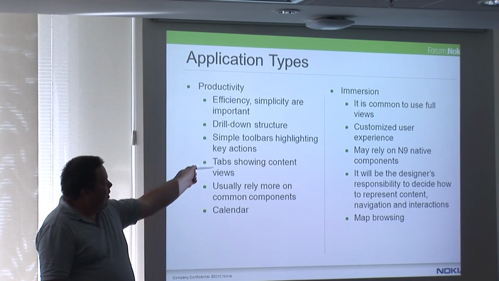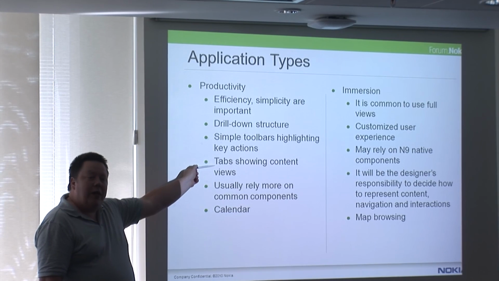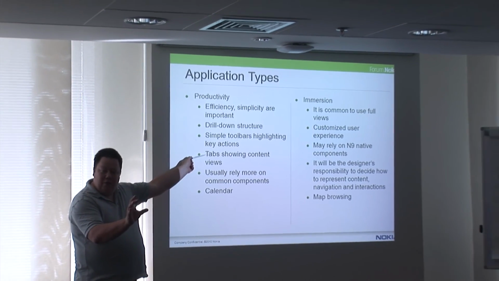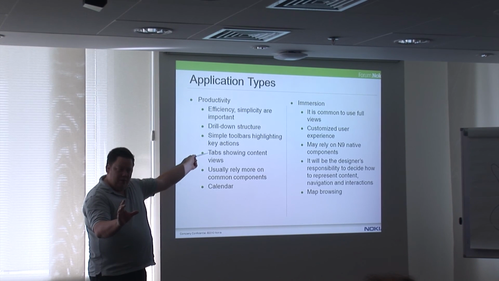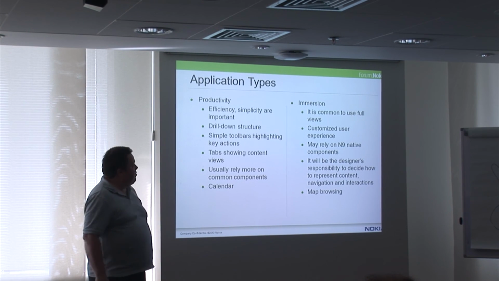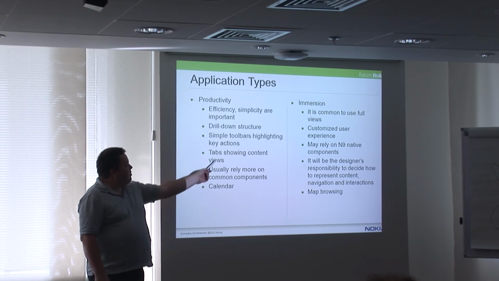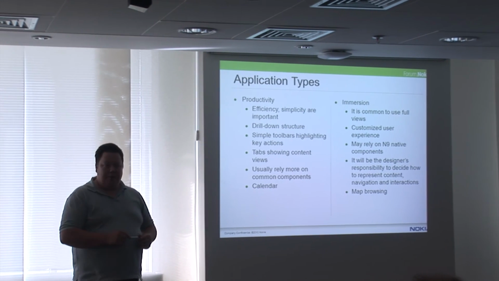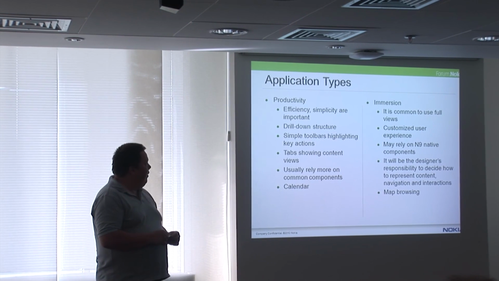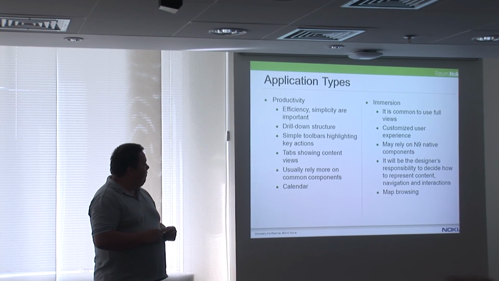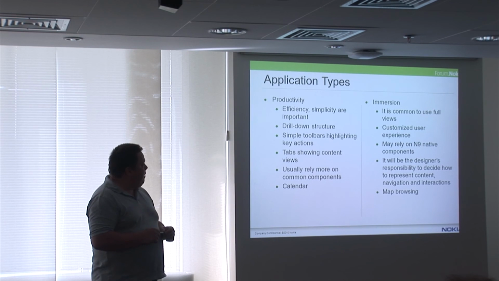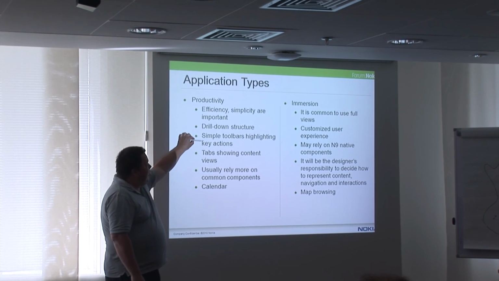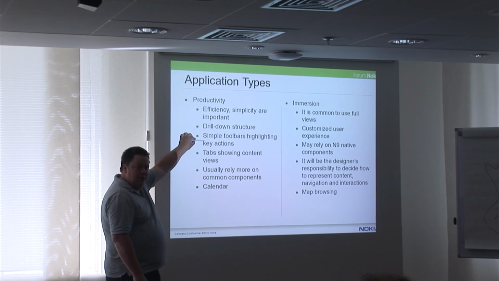Calendar, think about again these tabs. Quick to change from the month view to the weekly view or to the day view using the tabs on the screen. Of course, it doesn't mean that you have to use tabs to navigate between the views, but that is often an easy and quick way. Tabs to show the views, toolbars highlighting the key actions.